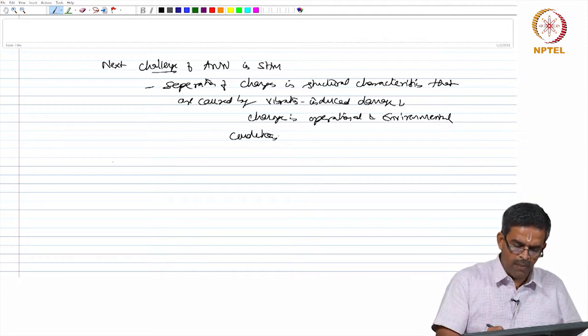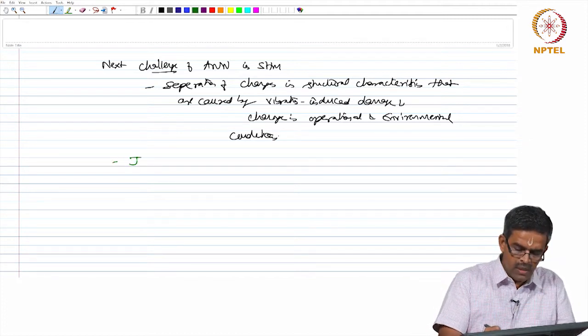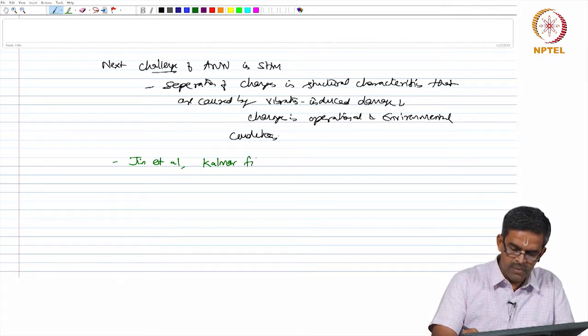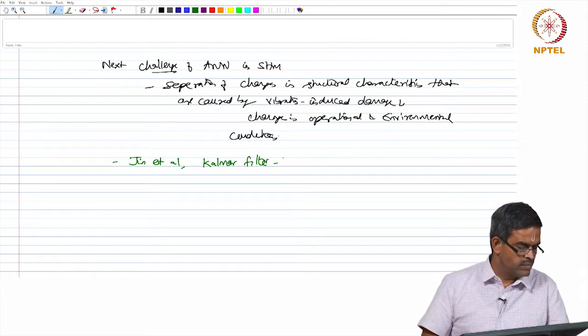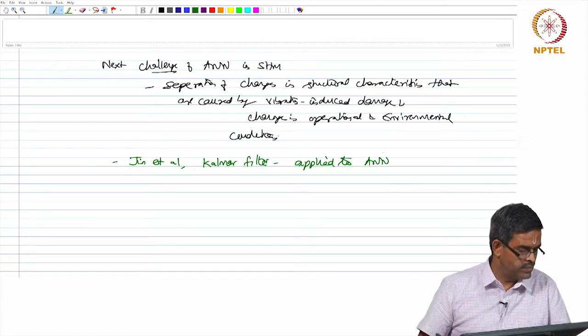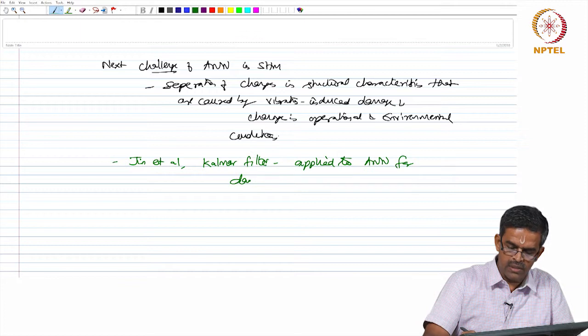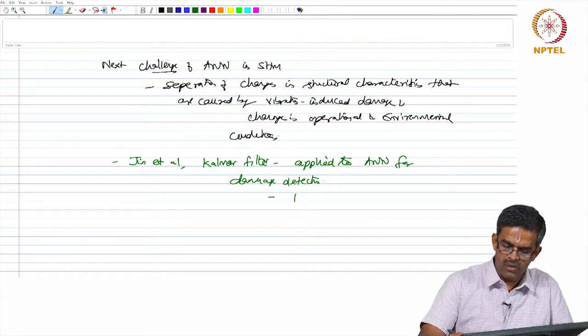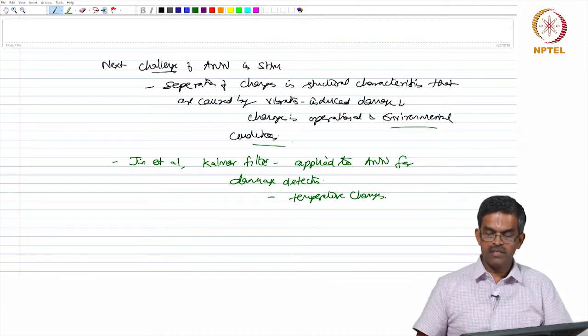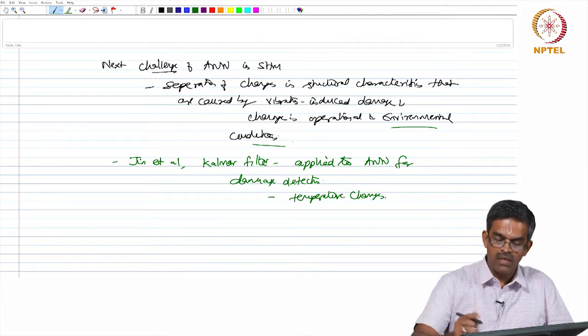So, the solution for this problem, as accepted by Jean et al., is that one can use the Kalman filter, which can be applied to the network for damage detection essentially caused by temperature changes, which is one of the environmental conditions that induces additional damage other than that induced by vibration on the bridge.